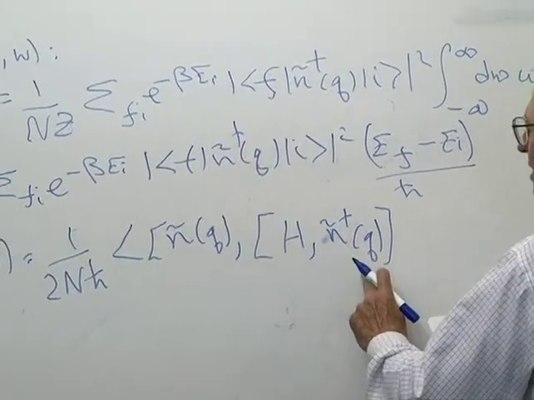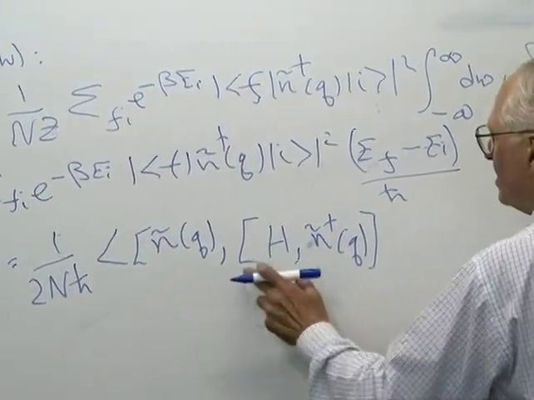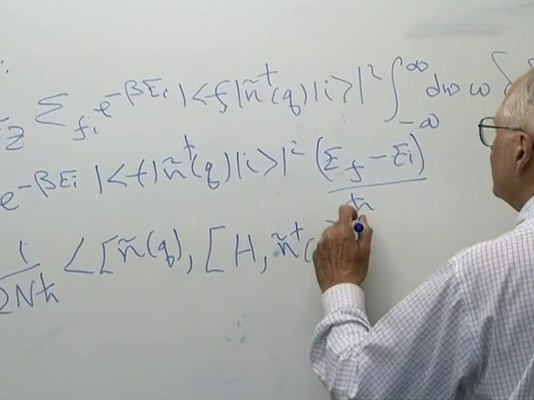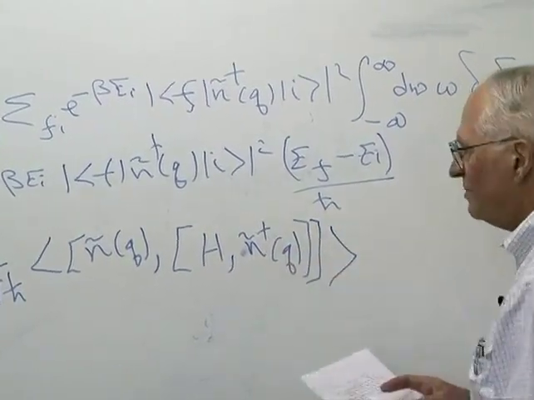So you compute this commutator, then you compute the commutator of this commutator with this. So it's a double commutator, and it's an ensemble average.